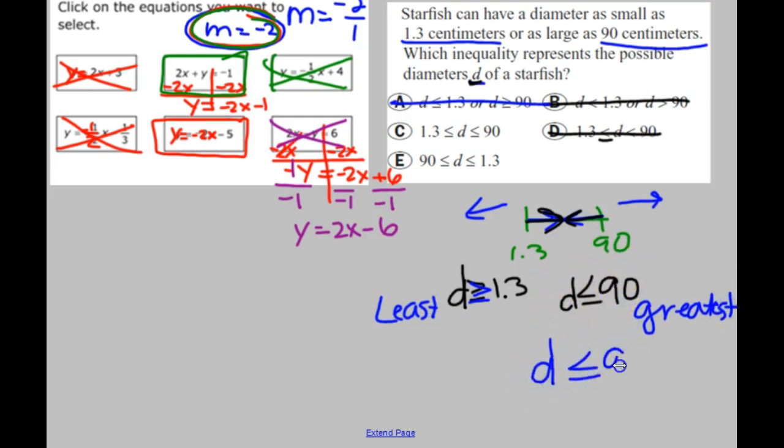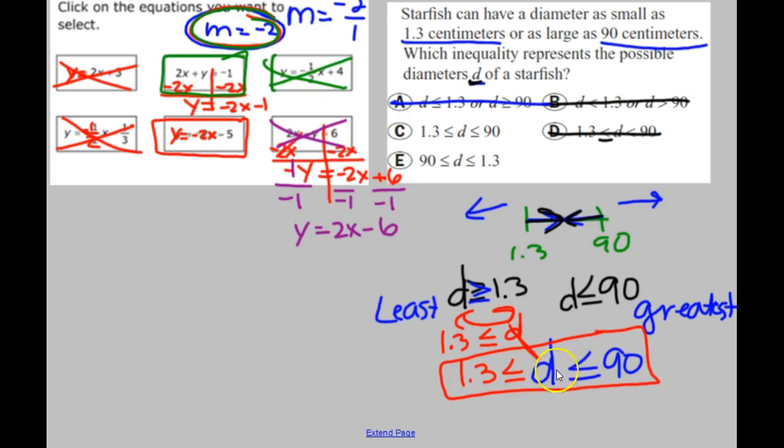We have D is less than or equal to 90. And in order to flip these or put them together, we're going to flip this around. This would be D, flip your symbol, and 1.3. So if we match these up, we would have this one big inequality, which matches with answer choice C.